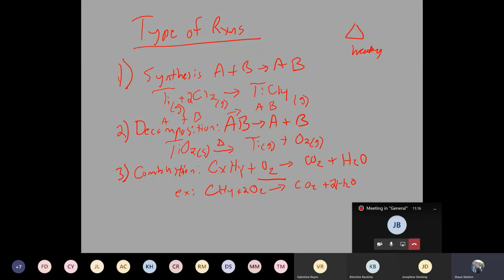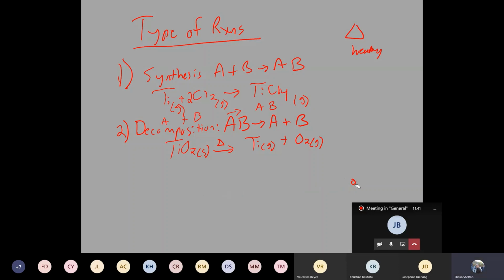So that's another example of decomposition. Now, a better example is something that you're used to seeing, a soda bottle. In a soda bottle, you have carbonic acid. Carbonic acid has a formula of H2CO3.